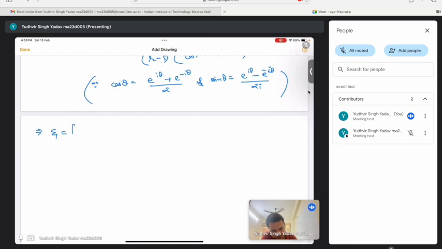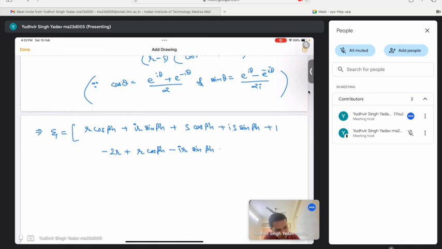We will have ξ equals r cos βh plus, opening up the brackets, i r sin βh plus s cos βh plus i s sin βh plus 1 minus 2r plus r cos βh minus i r sin βh minus s cos βh plus i s sin βh.